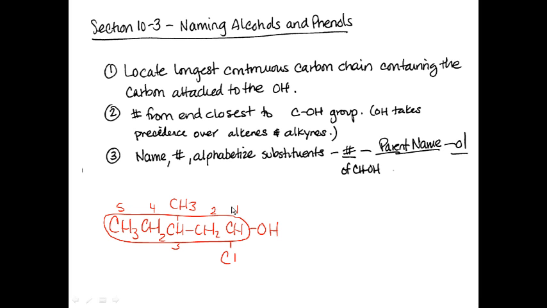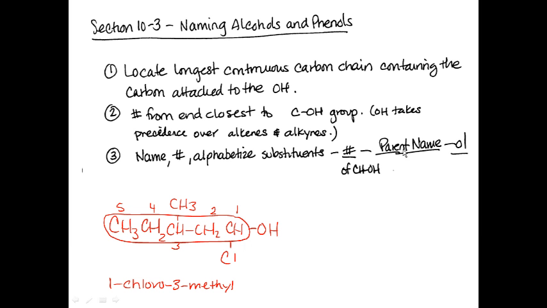So I've got 1, 2, 3, 4, 5. At carbon 3 I have a methyl group, and at carbon 1 I have a chloro. So in writing this name I would do exactly what I did last semester. This is going to become a 1-chloro, 3-methyl, and then pentanol is going to be the name.